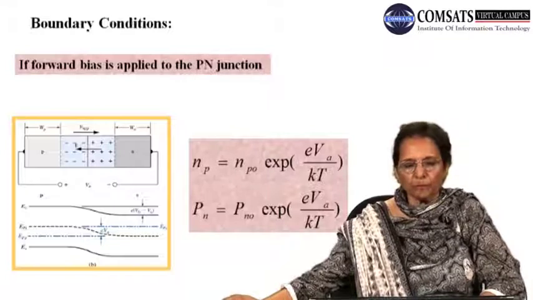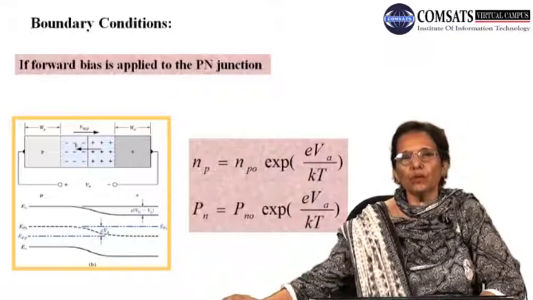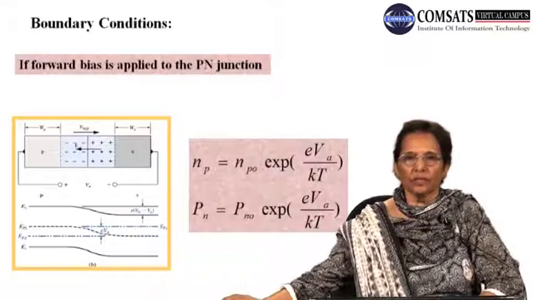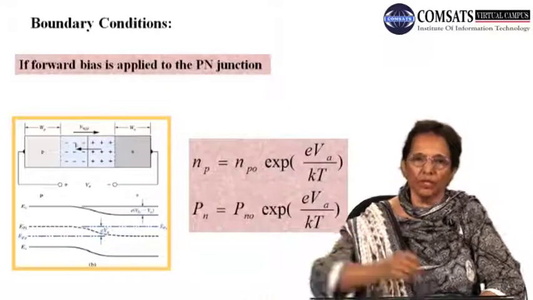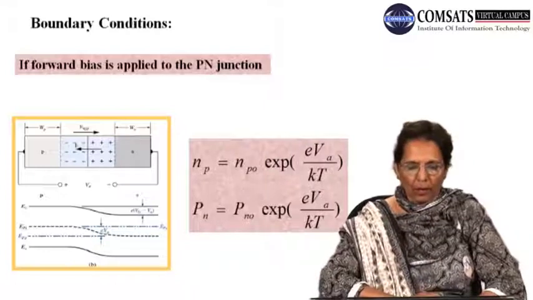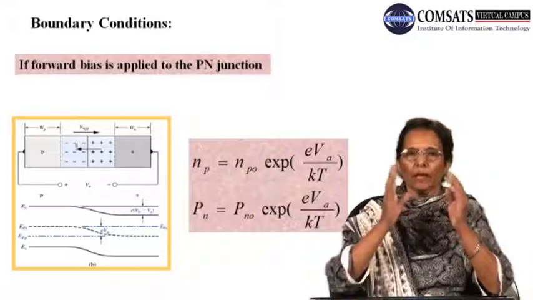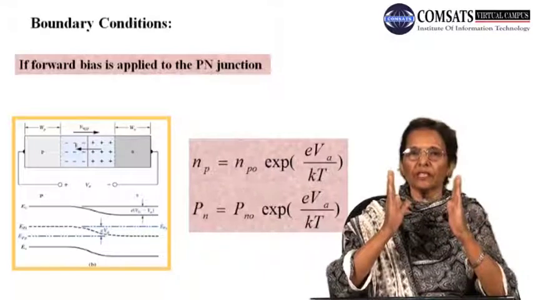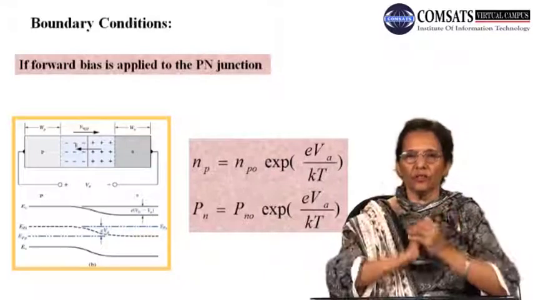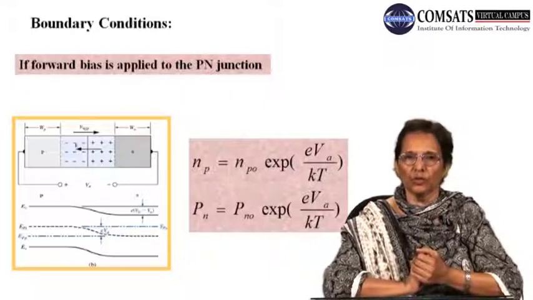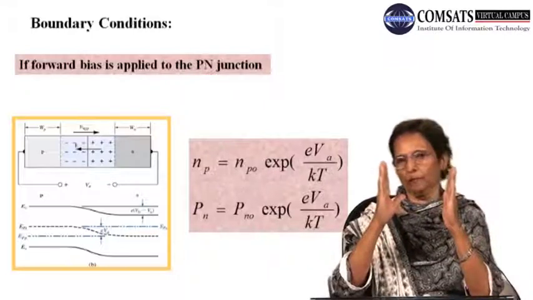One of the first conditions that we would introduce at this point is the boundary conditions. What do these boundary conditions imply? Let me take the example of a forward bias because it's easier to explain. Here is the depletion region.